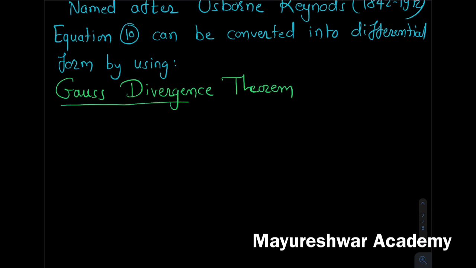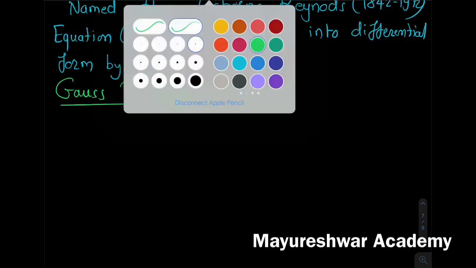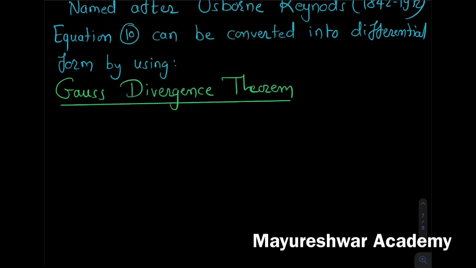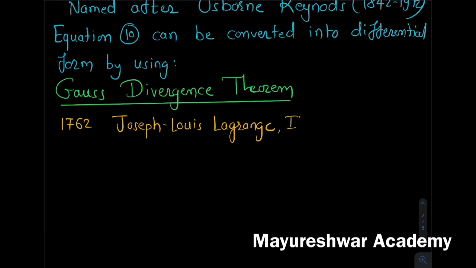Though it is titled by the name Gauss, actually it was first stated in 1762 by Joseph Louis Lagrange, Italian mathematician.